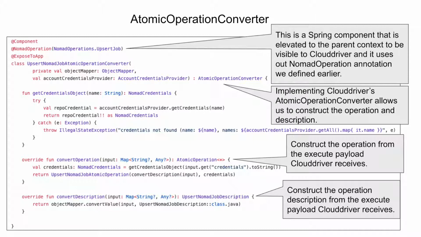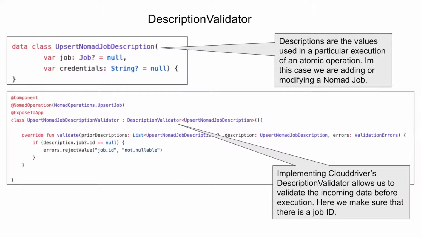We also use expose to app here to elevate this up to Clouddriver Spring context so that this gets pulled in with all the other atomic operation converters. When Clouddriver gets a message to execute a specific atomic operation on some input, it will look up this converter and use it as a factory to create the description and the actual atomic operation that will be executed. A description validator is optional.